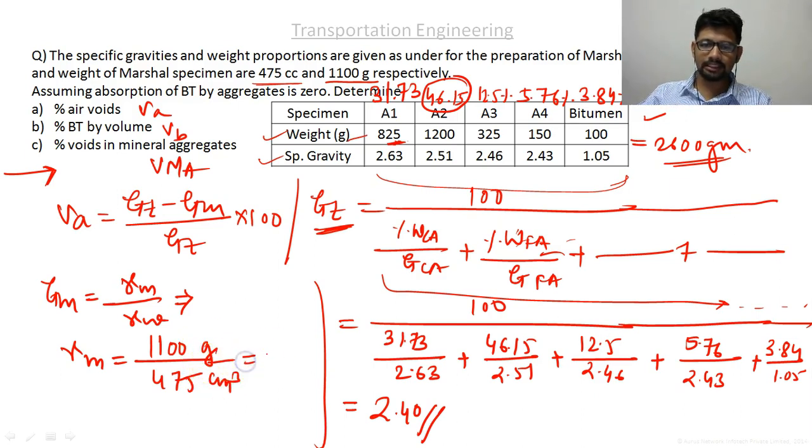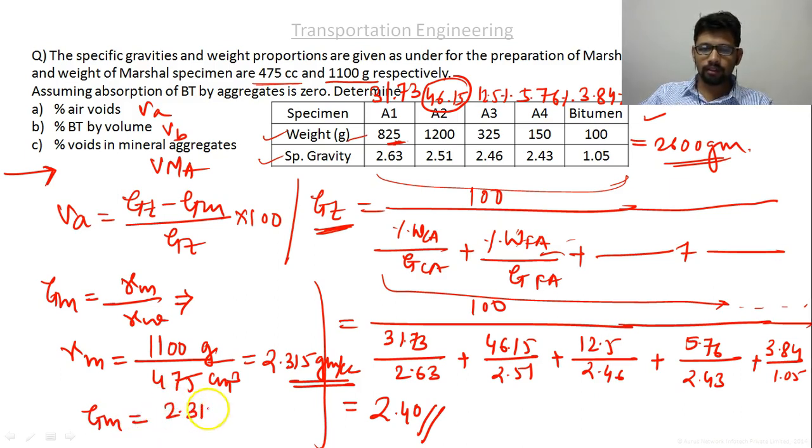We call it density, and in gram per cc it is 2.315 gram per cc. So Gm we get is equal to 2.315 upon gamma w, which is 1 for water. Therefore it remains 2.315.